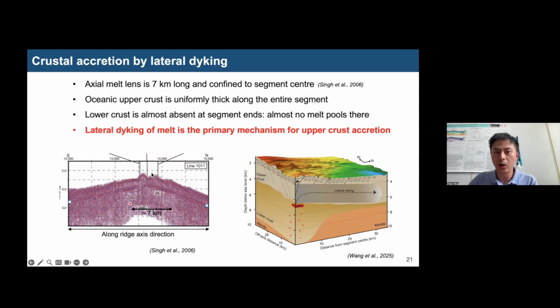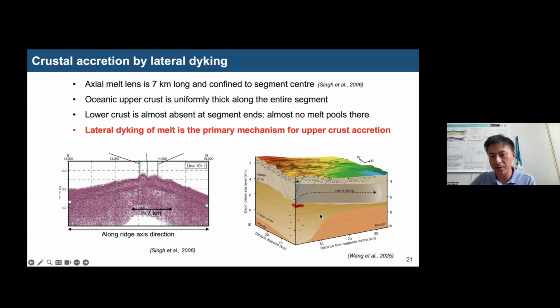And we know the oceanic upper crust is uniformly thick along the entire ridge segment, but the lower crust is almost absent at the segment ends, which means there's almost no melt accumulating there. So based on all these observations, we propose for the slow spreading Lucky Strike ridge segment, lateral dyking of melt is the primary mechanism for crustal accretion.